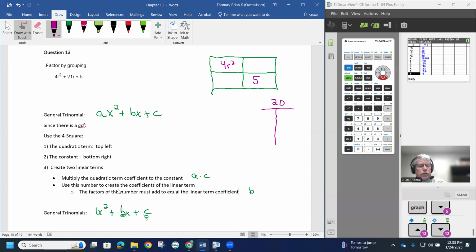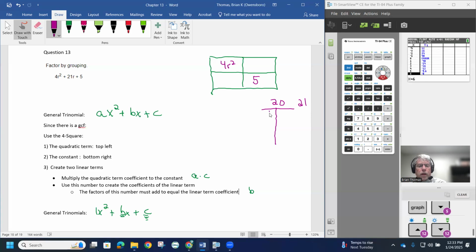Now the catch is this number we're going to use to create the coefficients of the linear term, because there's going to be 2 of them here. So what has to happen is that the factors of this number must add to equal the linear term coefficient. It must equal the B. So in our problem, the B is actually the 21. So what we're trying to do is figure out what are the factors of 20 that give me 21.